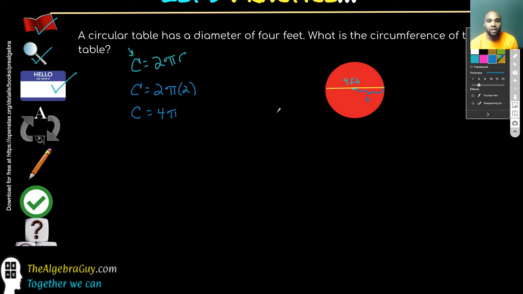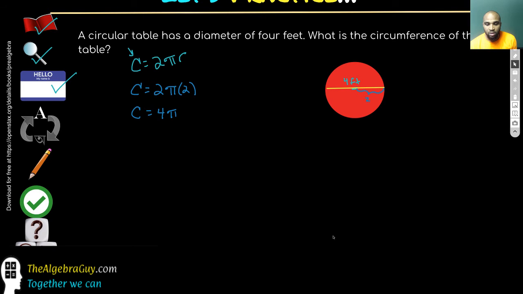Depending on how they ask the question will determine how you use that pi. If they want a perfect answer, it'll just be 4 pi. But if they wanted the answer to the nearest tenth, then you're going to have to multiply 3.1415, that long number, by 4 and round it to the tenths. I'm going to assume that they asked me to round it to the tenths just so you can see what that would look like.